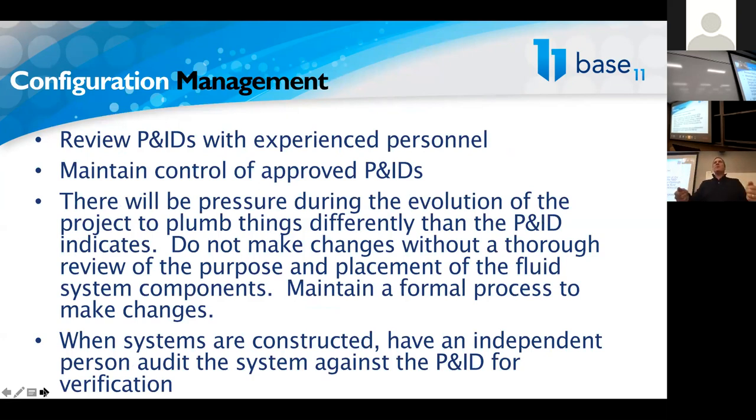And so when they looked at the PNID, they never saw what was different relative to what they interpreted. And a purge line was connected to the wrong place, or a check valve was just simply installed going the wrong direction. Things like that.